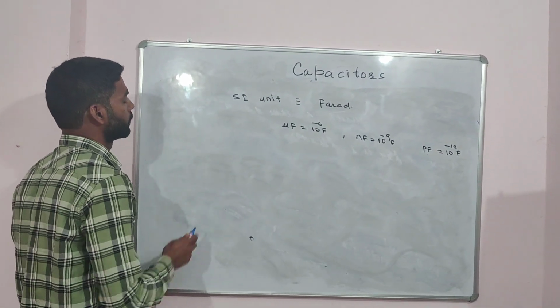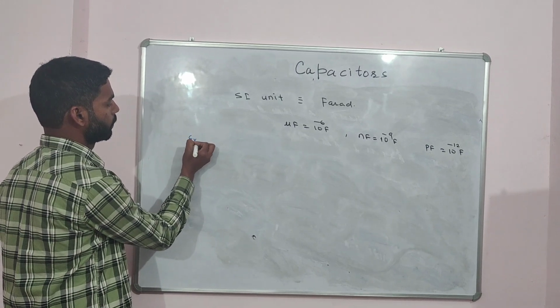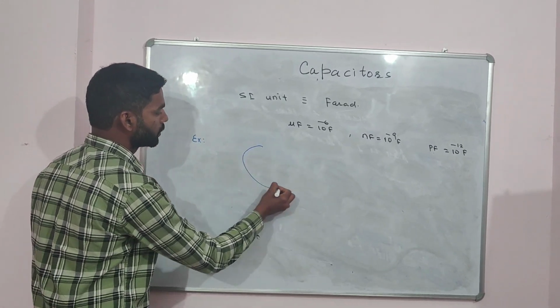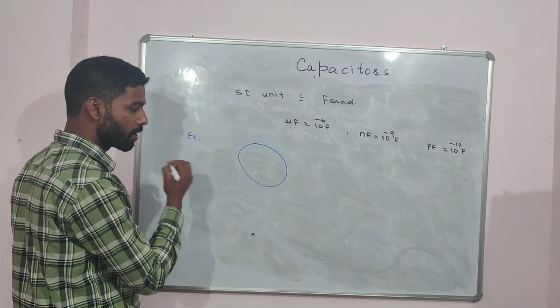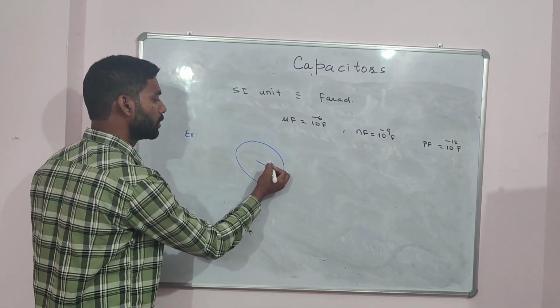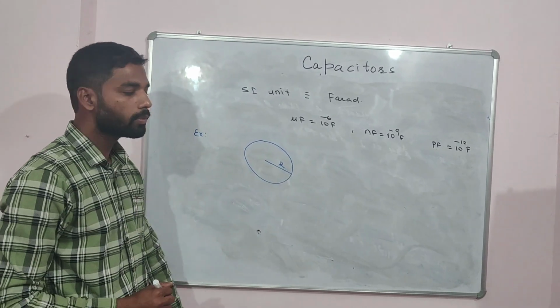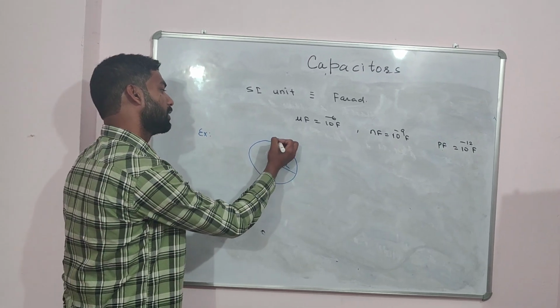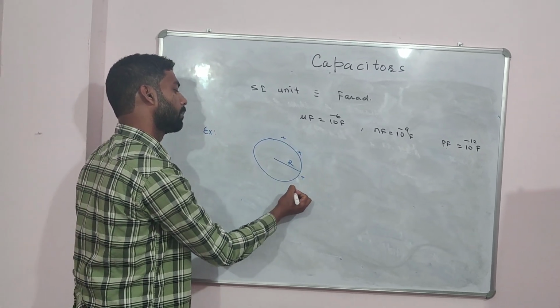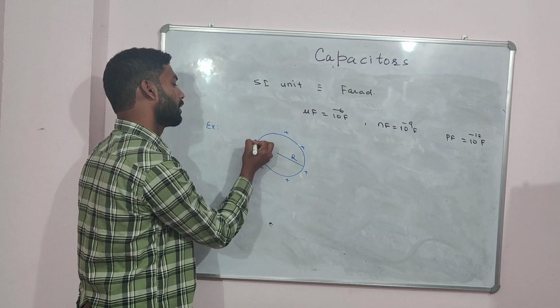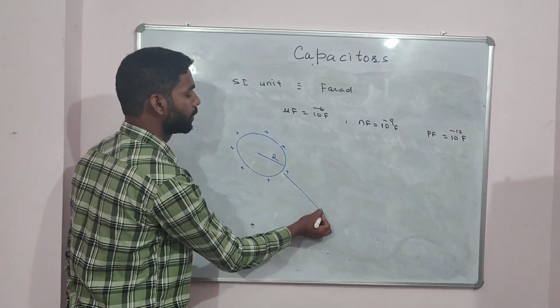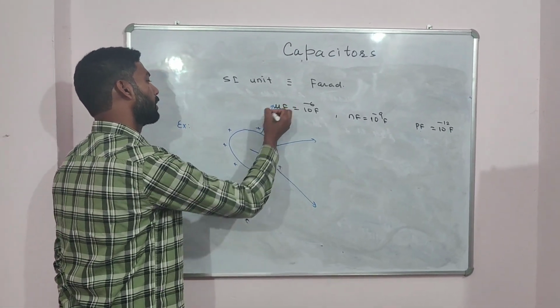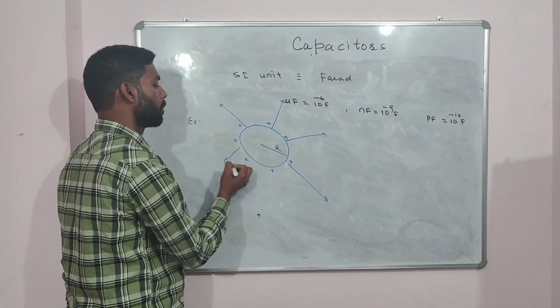Example: we have this sphere and we want to find the capacitance of this system. We assume that we have supplied some charge to it, and there will be electric field lines nearby originating from it going to infinity.